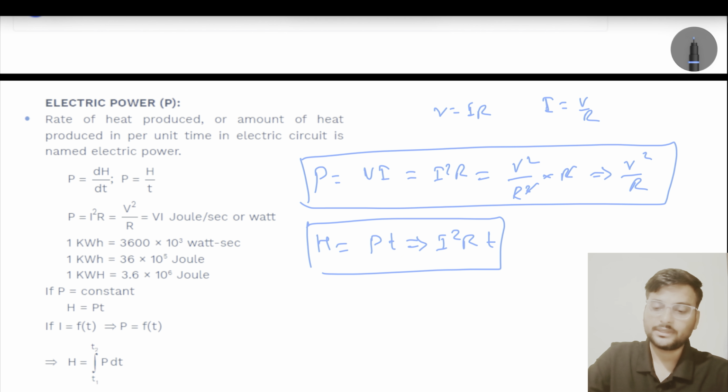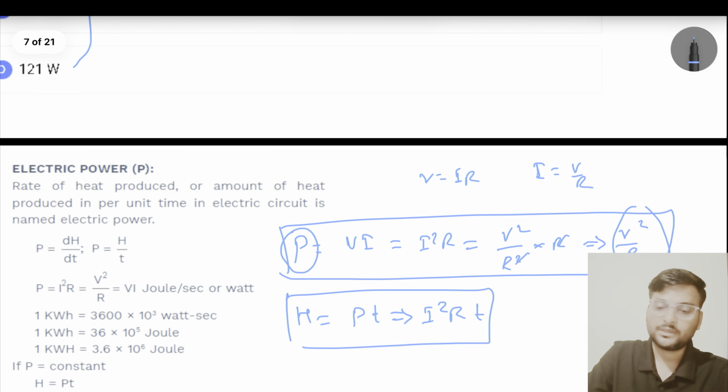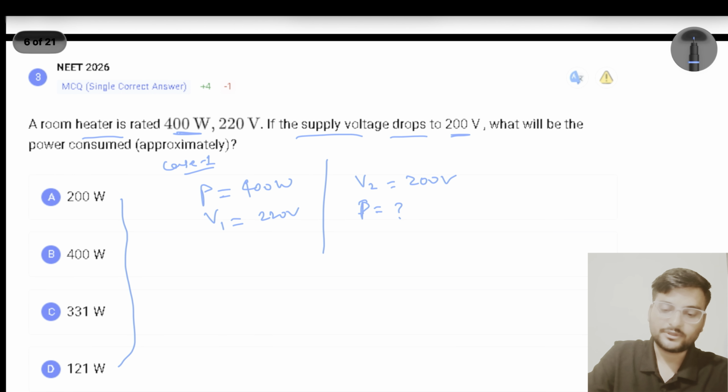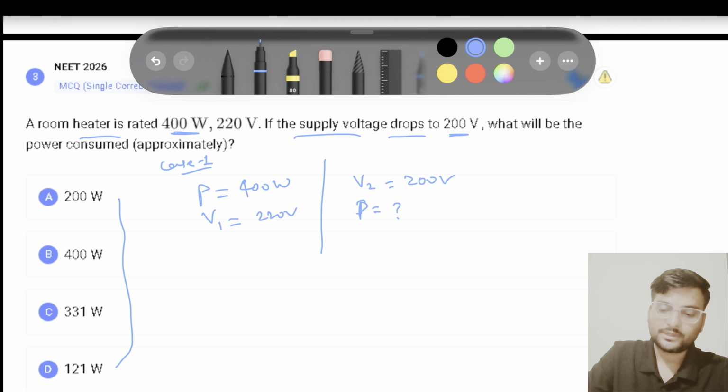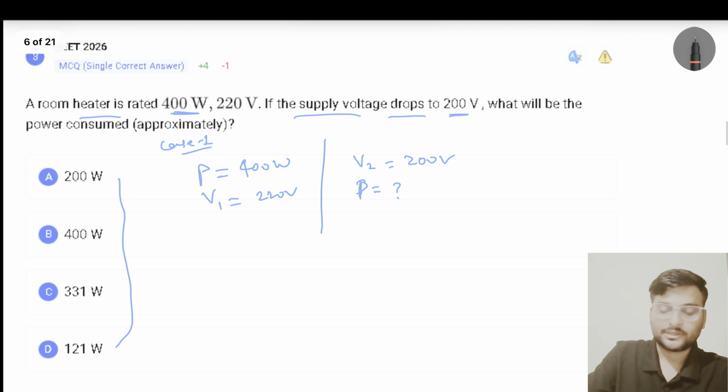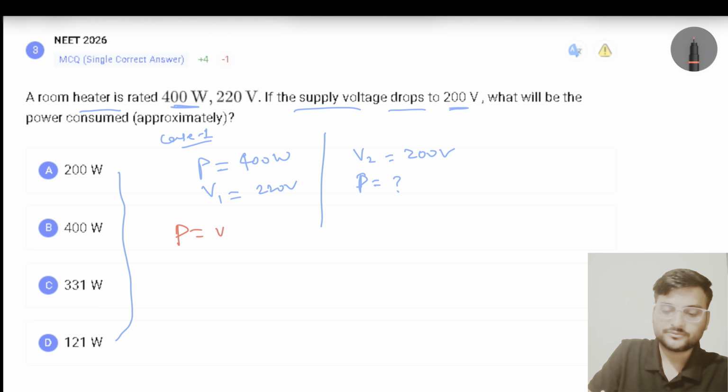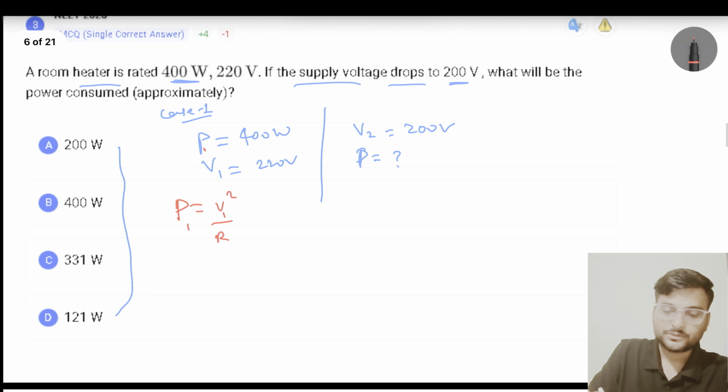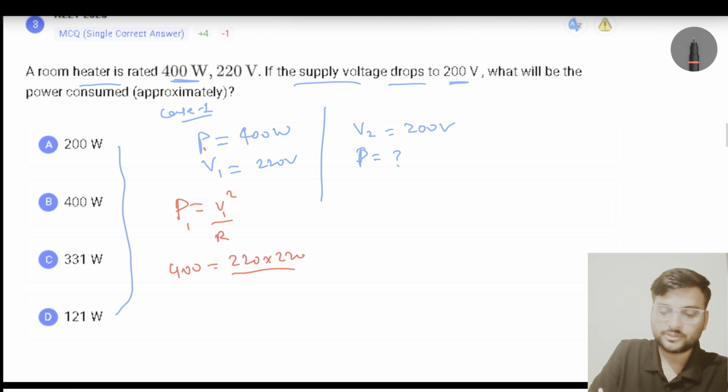Okay, so here we are using this concept, the power concept, this last formula. So in this case, first of all, we find the value of R. If I find R, P1 is equal to V1 square by R. So this is 400, that is 220 into 220 divided by R. So 1 upon R is equal to 400 divided by 220 into 220.